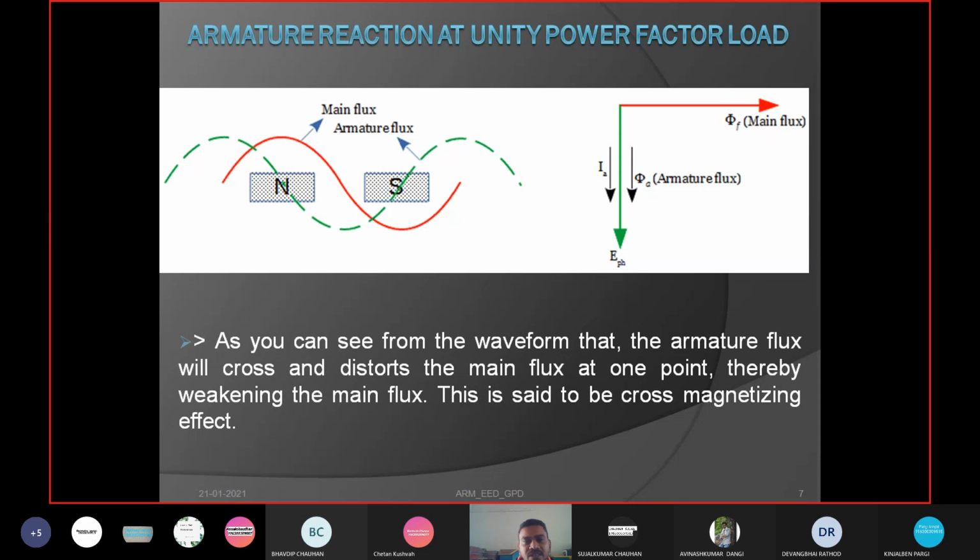So in this effect, the main field flux and armature flux are 90 degrees apart. That means we can say that the armature flux lags behind the main field flux by 90 degrees. We can see that in the waveform of the armature flux and the main field flux.